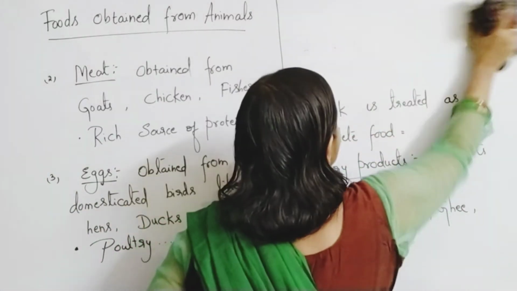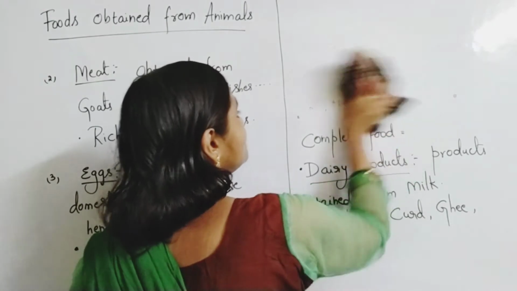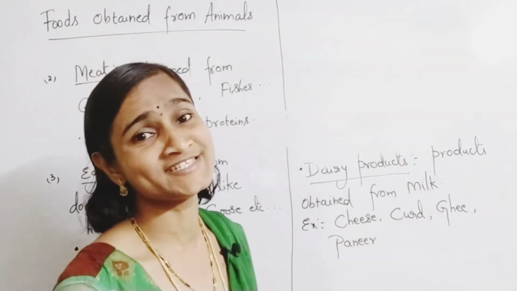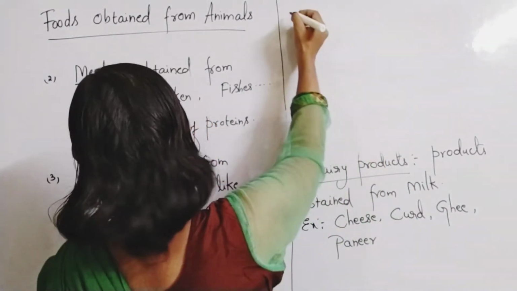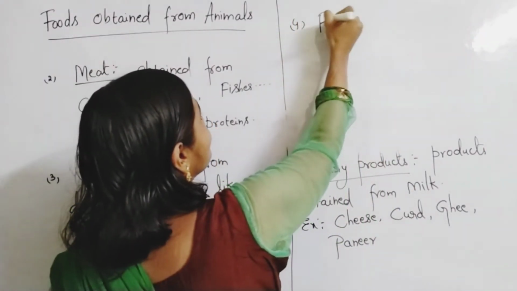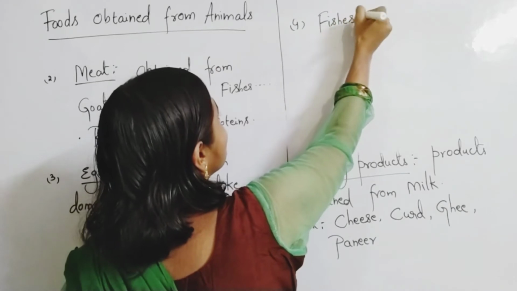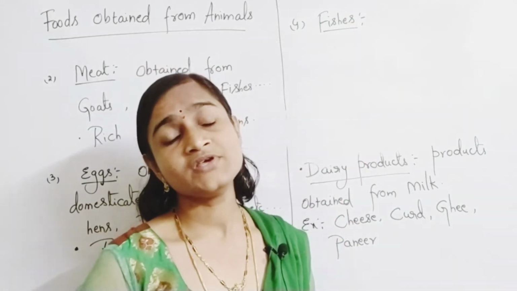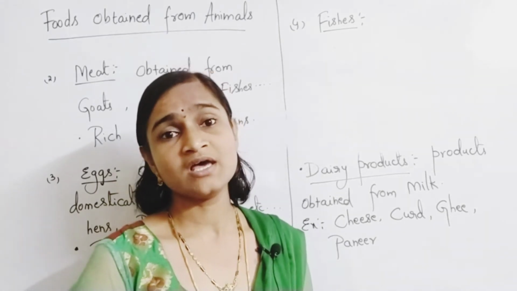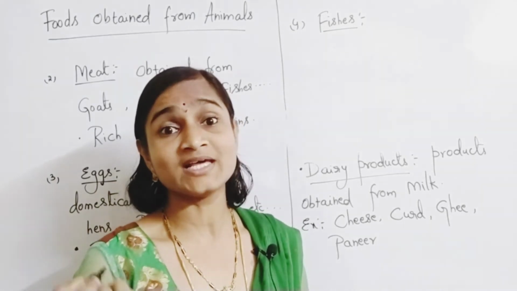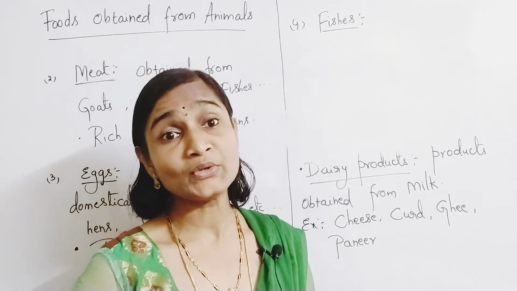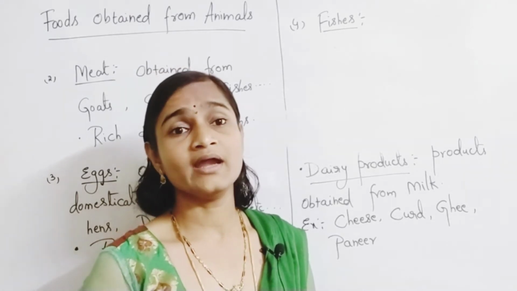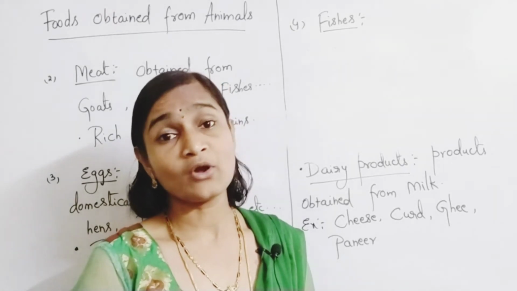Next we will move on to fishes. You all know fishes. Fishes are a type of seafood, isn't it? So the fourth type of food obtained from animals is fishes. Fishes are a kind of seafood which are rich sources of proteins as well as minerals. Iodine content helps to treat thyroid and such problems, isn't it?